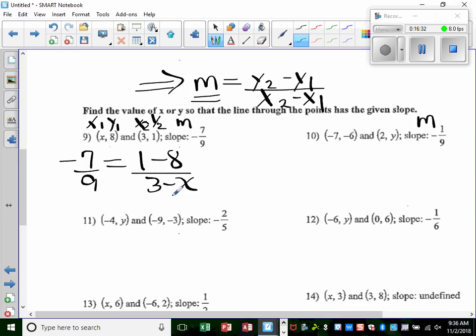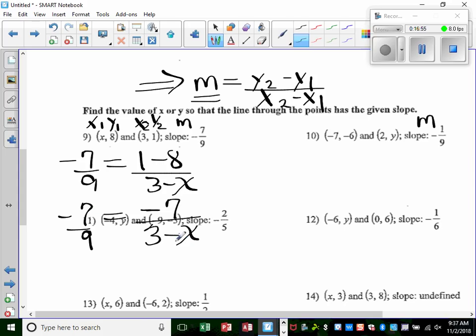All right, so I got it all set up. And now I can simplify 1 minus 8. What is 1 minus 8? I'm just going to continue down here, so I'll be writing over this. I'll erase it later. So -7/3 minus x. That's what you should have next.